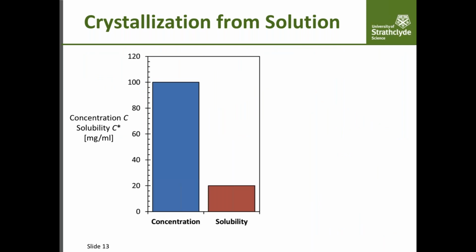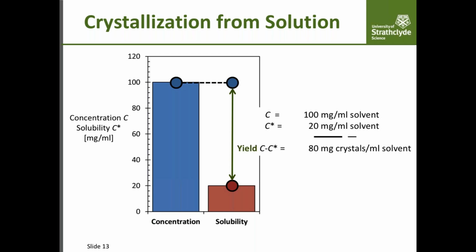Another thing you use solubility for is the yield. The yield is related to the concentration and the solubility. The concentration exceeds the solubility, and the difference is the amount that you can crystallize out in your crystallization process. That's indicated by the green line here.